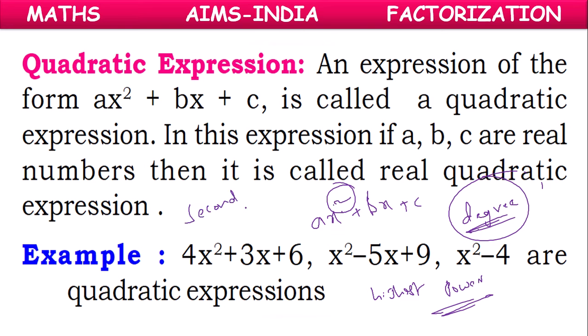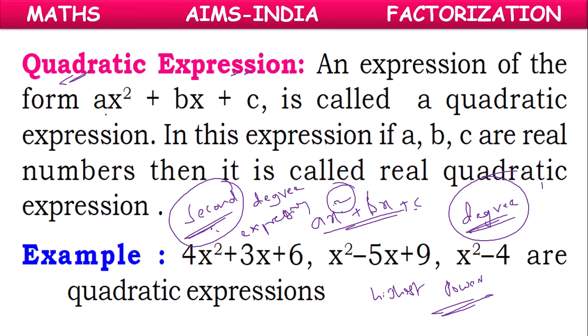So it is called a second degree expression, and second means quadra. So it is called a quadratic expression. The expression in the form ax square plus bx plus c, where the highest power or degree is 2, is called a quadratic expression.